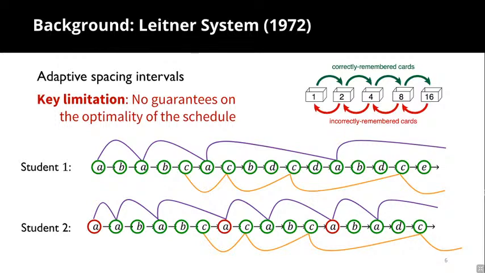mainly because there's no guarantee of optimality of the algorithm. By optimality, I mean we want to find an algorithm such that, if we compare the retention rate for a fixed time interval, we can guarantee that the algorithm we're running is not too different from the best algorithm that could be developed under the same condition.